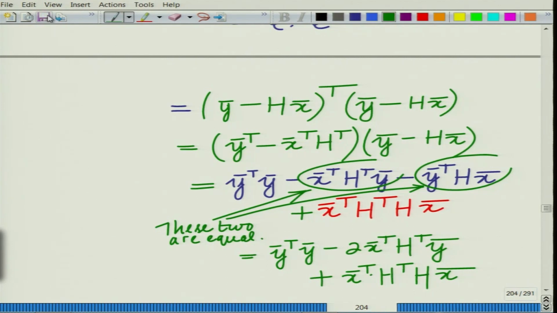This is the simplified version of the objective function.